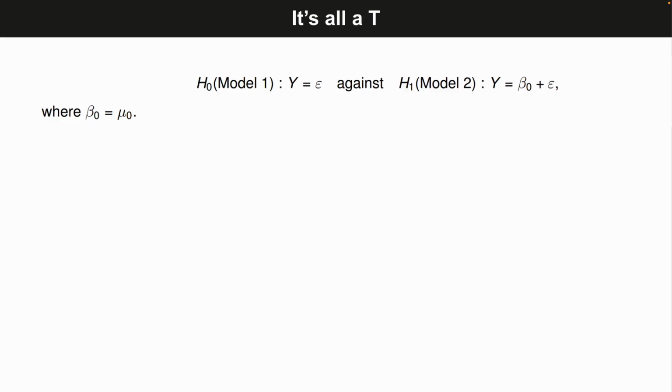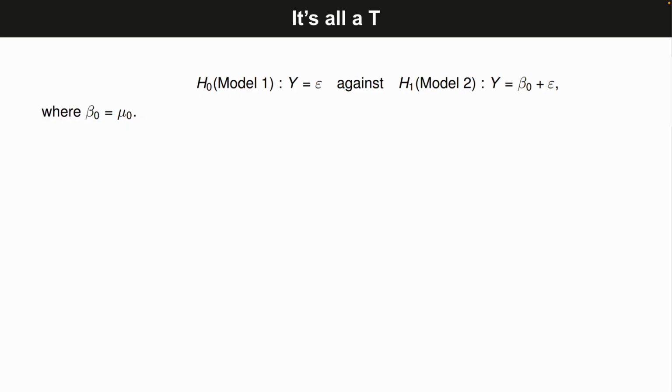Okay, so in a sense, what I want you to remember is linear regression is nothing but just a model for a t-test. Imagine you had this model, which is y is equal to epsilon, and the second model was beta 0 plus epsilon. How would you formulate a test for this?